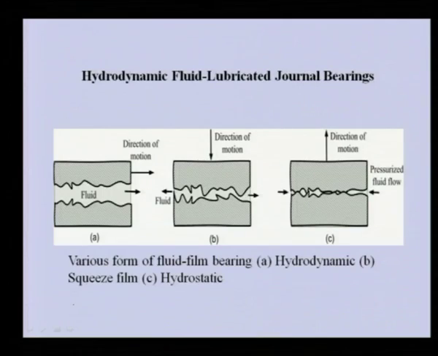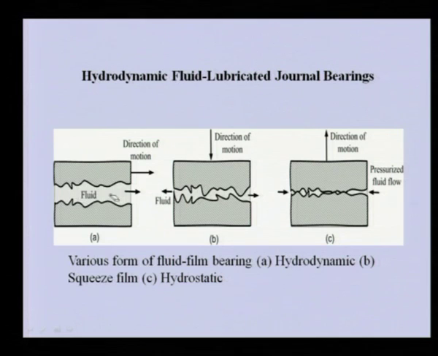So, starting with hydrodynamic film lubrication in bearings, there are three categories of bearings we have in the industry. It's a very abstract definition of the three kinds of bearing. Like the hydrodynamic bearing, in which one surface is stationary and another is moving tangential to it.